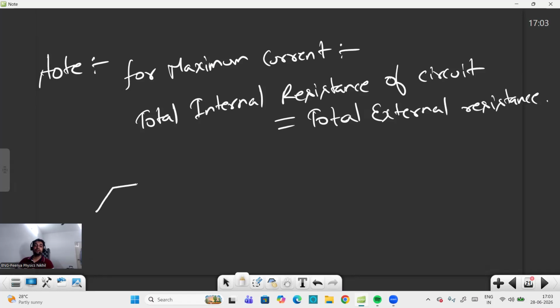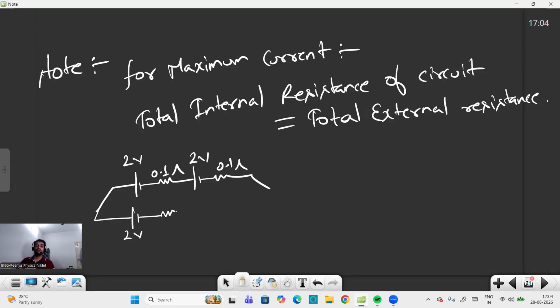For example, I will explain this. 2 volt cells are connected two times like this. Consider each 2 volt cell has an internal resistance of 0.1 ohm, and it is connected two times, 2 volt 0.1 ohm and 2 volt 0.1 ohm.